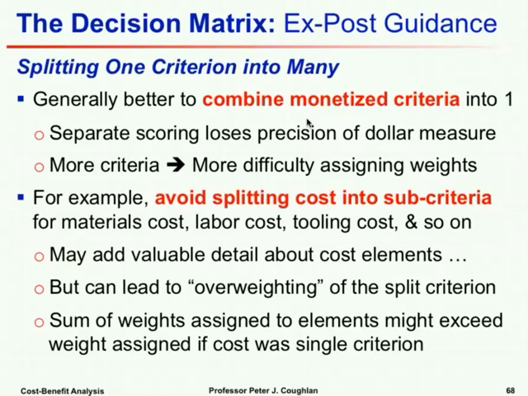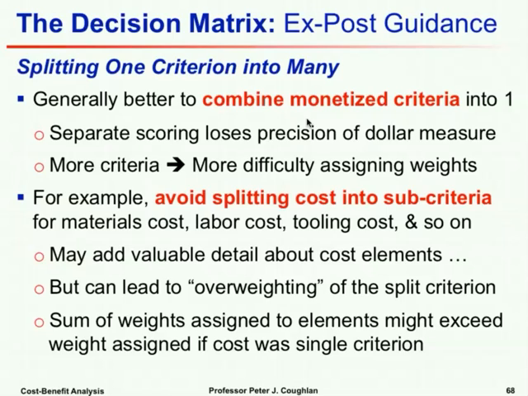Another bit of guidance is what about splitting one criterion into many? Generally, it's best to combine all monetized criteria. Cost is obviously usually monetized, but if you have benefits that are monetized, in financial terms, combine those to be your net cost or net benefit or net quantifiable benefit or net quantifiable cost, right?